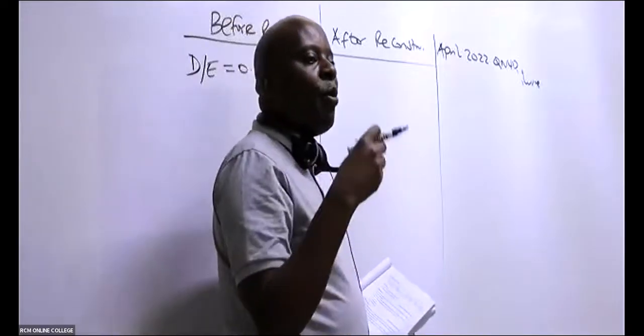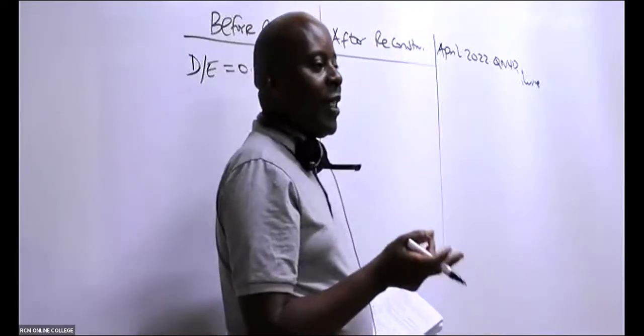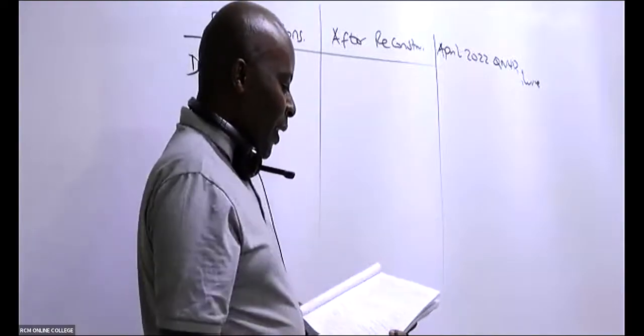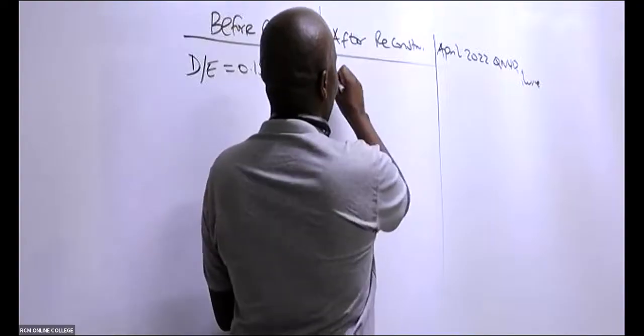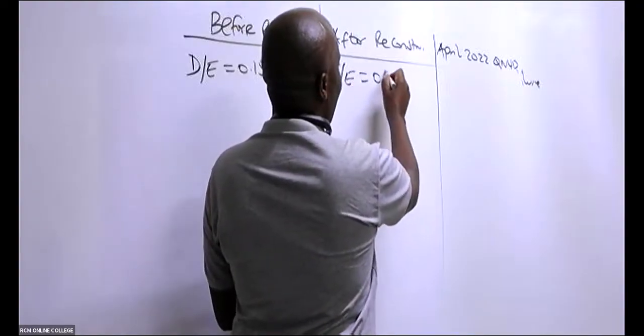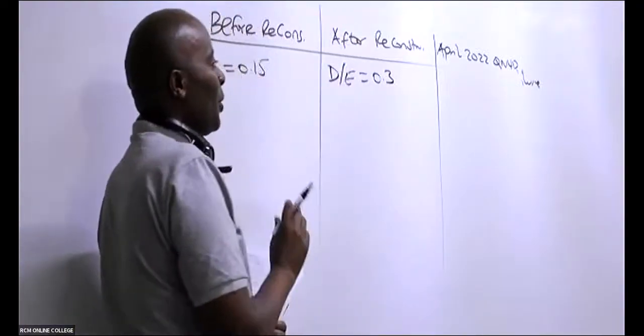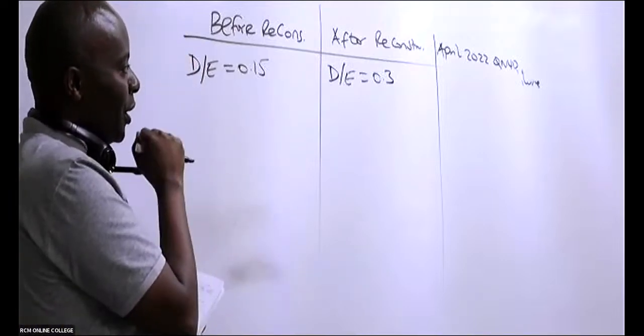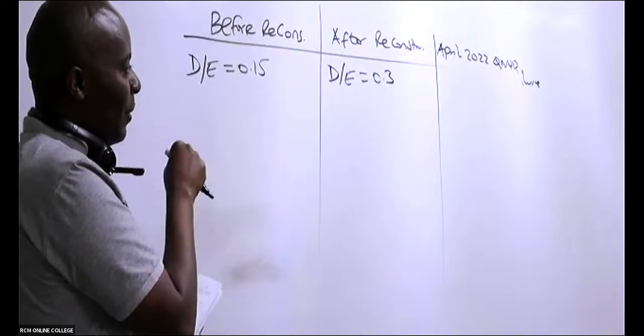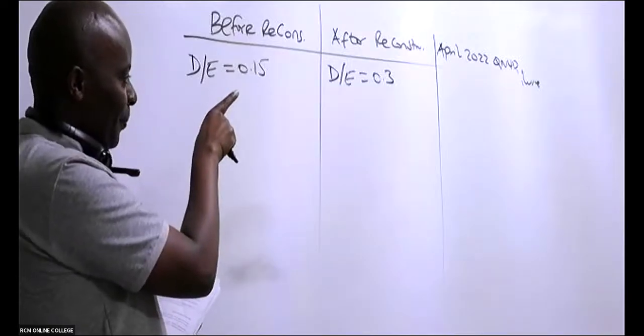And they intend to borrow more because you can see the new debt to equity ratio is increasing. We are moving from 0.15 to 0.3. So it's important for us to really know this. The reconstruction is about taking more debt.